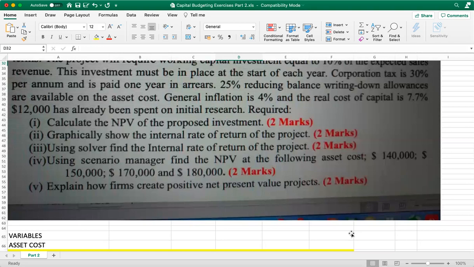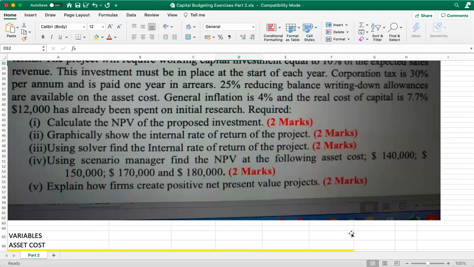2, graphically show the internal rate of return of the project. 3, using Solver, find the internal rate of return of the project. And then 4, using Scenario Manager, find the NPV at the following asset cost: 140,000, 150,000, 170,000, and 180,000. Part 5, explain how firms create positive net present value projects.